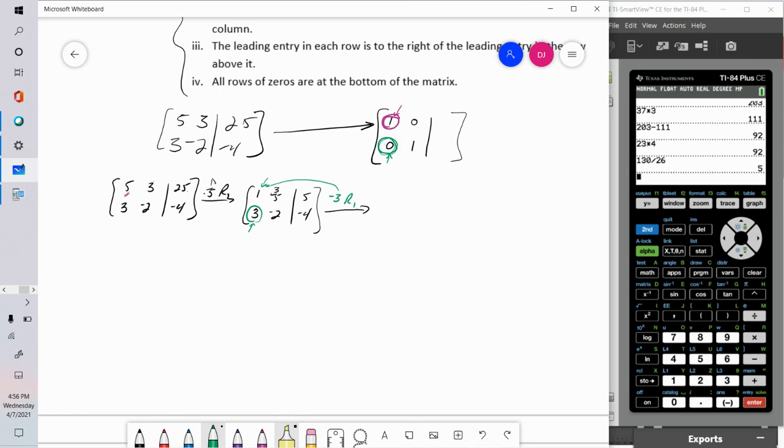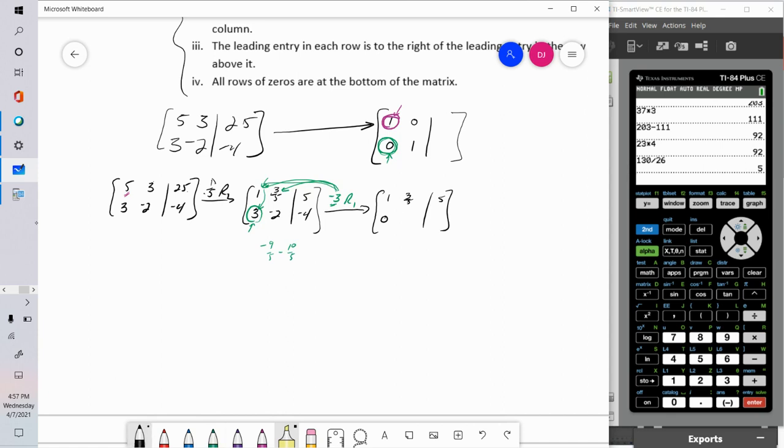Let me go back to my black here. The top row won't change. So -3 times 1 is -3, plus this 3 is 0. -3 times 3/5 is -9/5, plus a -2, which is -10/5.